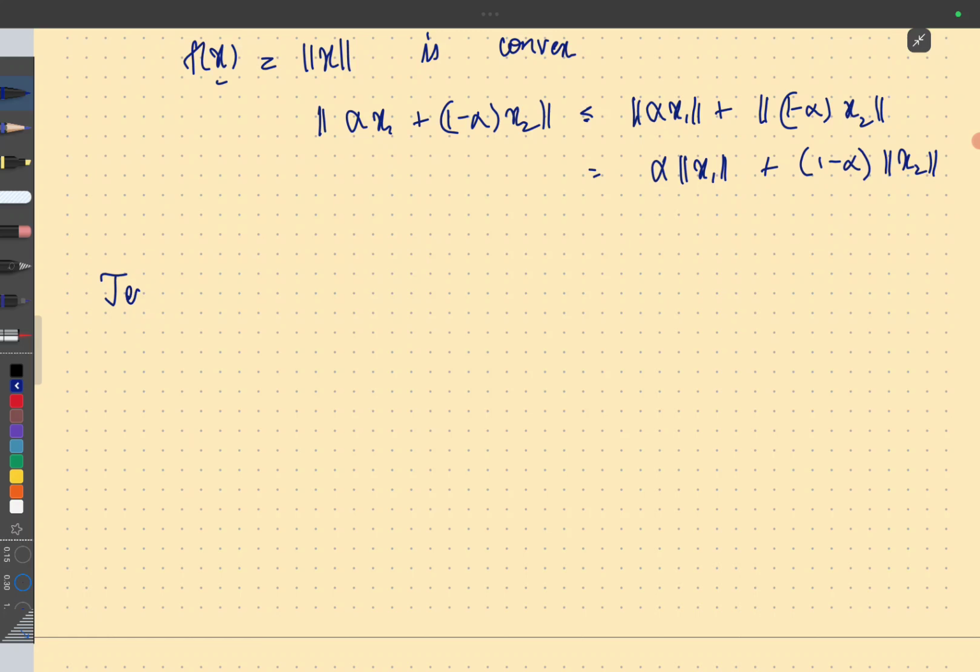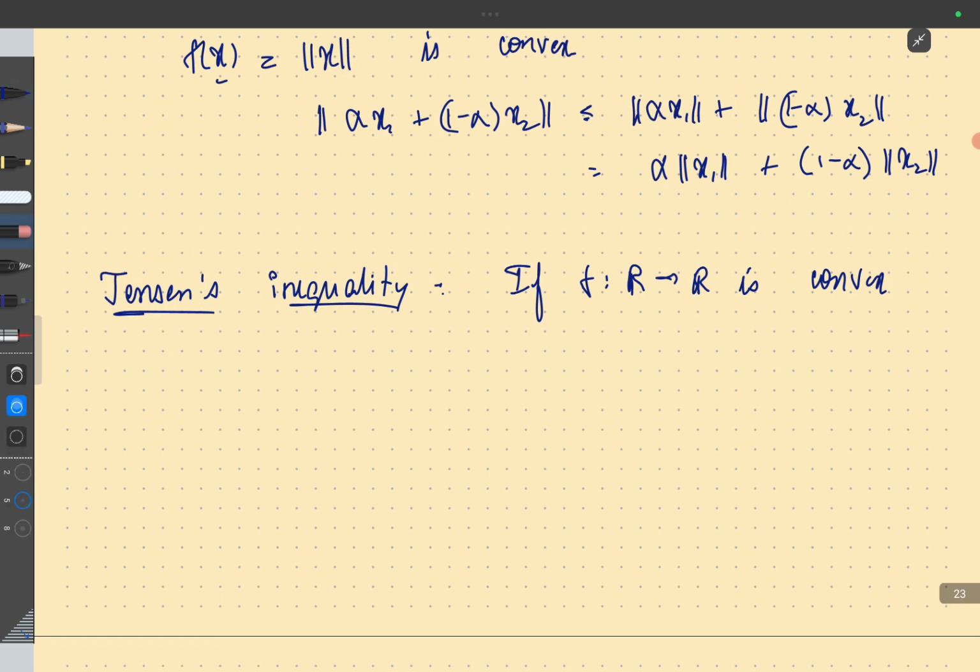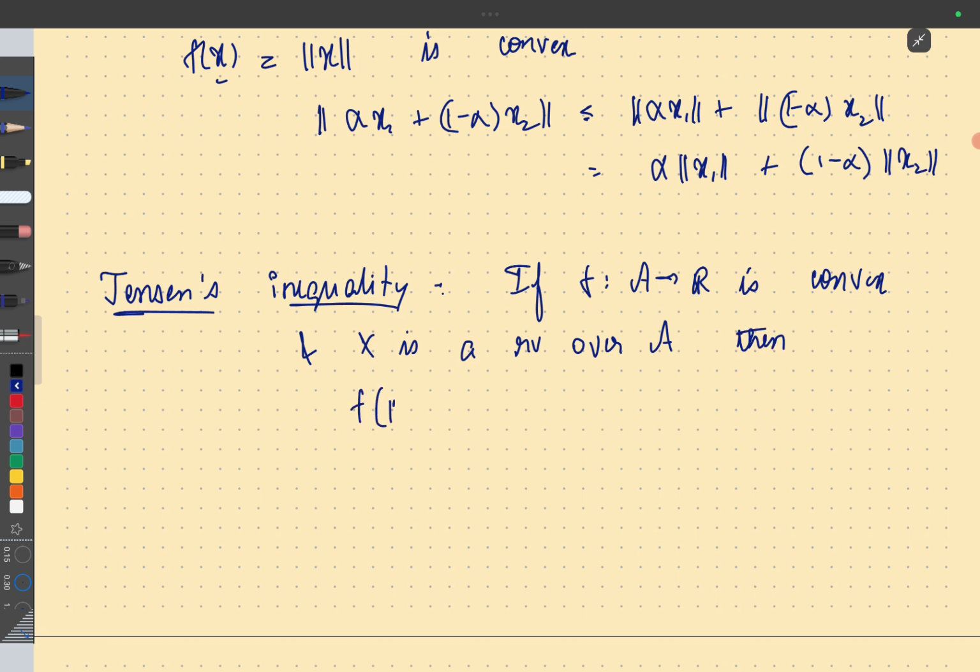It's called Jensen's inequality, which says that if f is convex, in fact it can be over any convex set, and x is a random variable over the set A, then f of expectation of x is always going to be less than or equal to expectation of f of x.